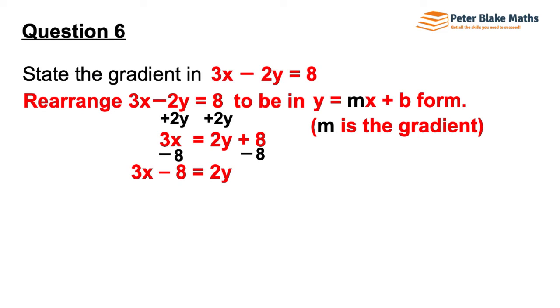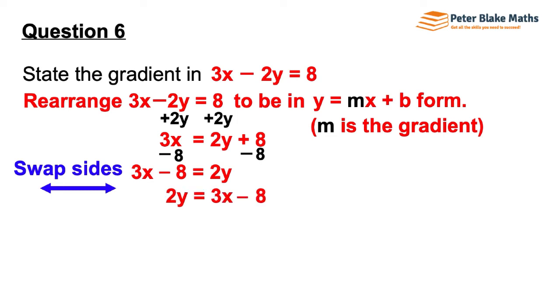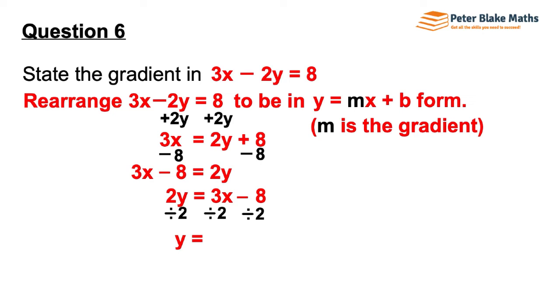And we want y on its own totally. Firstly, we'll swap sides, since we want y on the left hand side in the end anyway. Then we'll want to move the 2 by dividing every term by 2. We've got to be careful with that. 2y divided by 2 on the left hand side leaves us with a 1, so we get y on its own. And 3x divided by 2 can be written as 3 on 2 x.